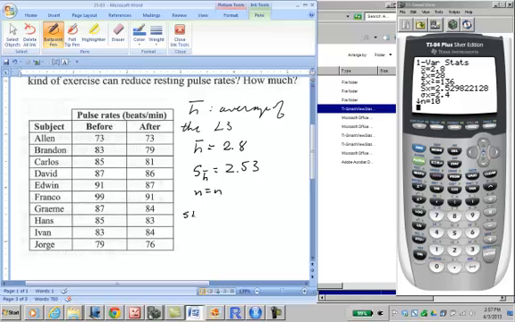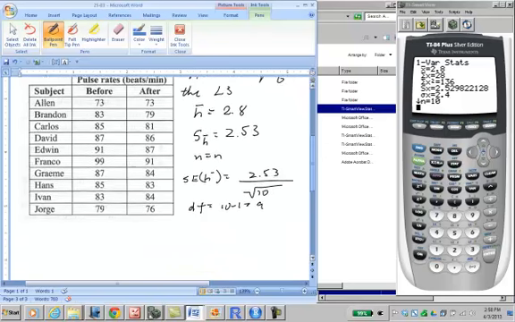So the standard error of d-bar is going to equal 2.53 divided by the square root of 10. Obviously the degrees of freedom is going to equal 10 minus 1, which is 9.